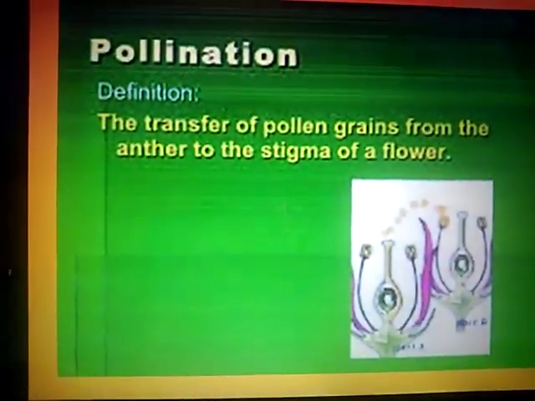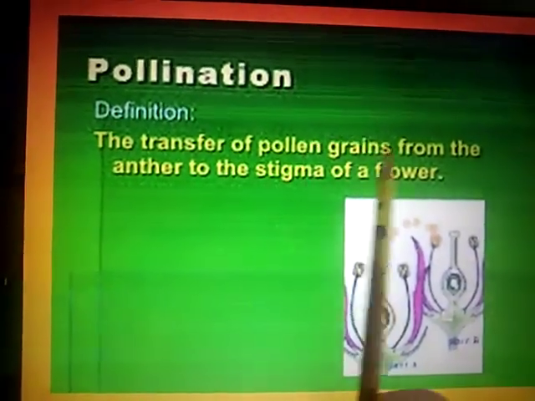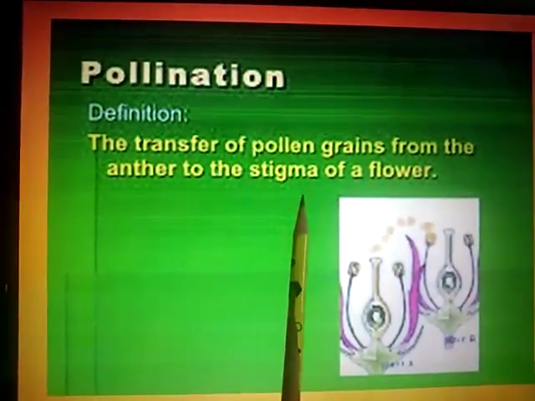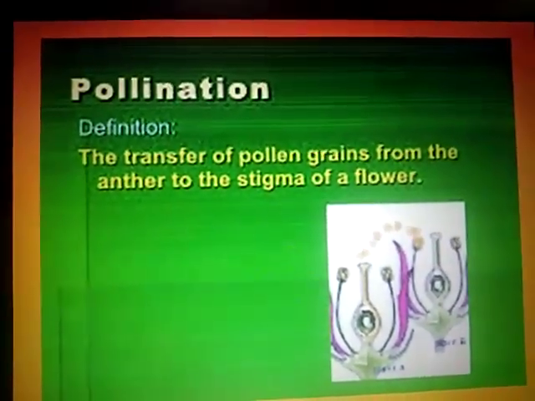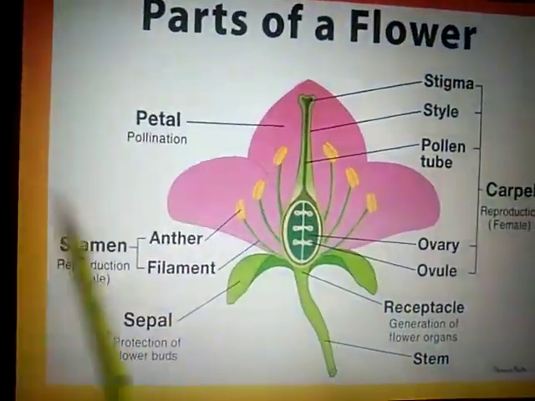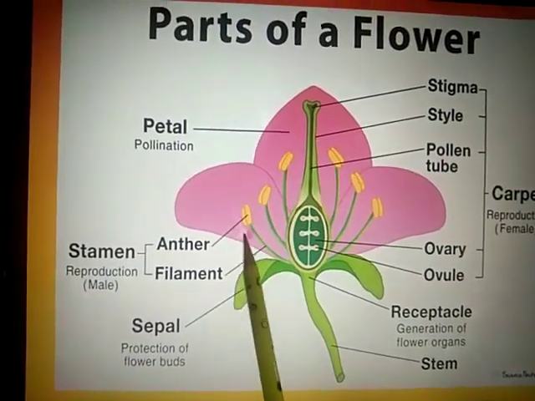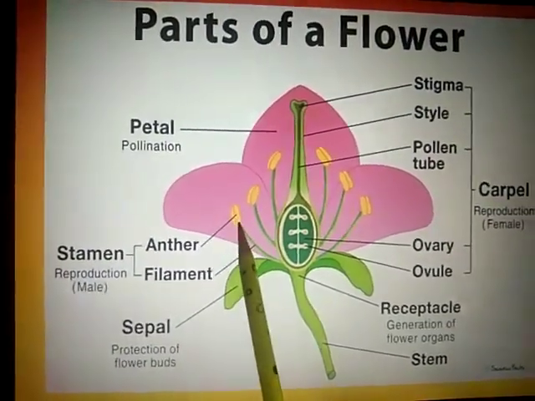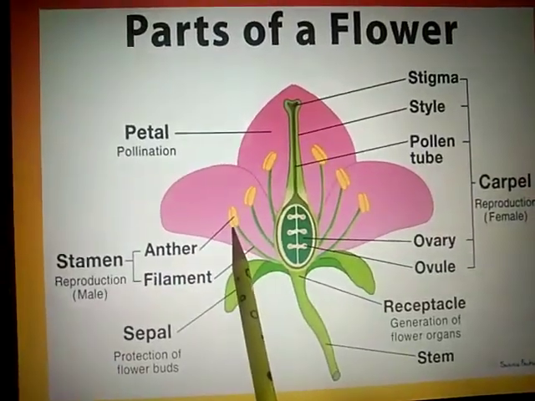What is pollination? Pollination is the transfer of pollen grains from the anther to the stigma. I will take you back to the parts of the flower. I will show you where the anther is. This is the anther. This contains pollen grains, the powdery yellow substance.